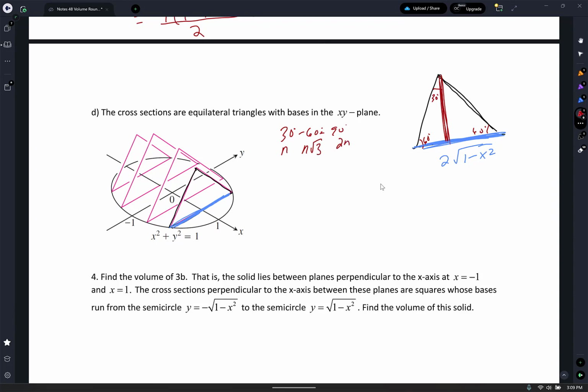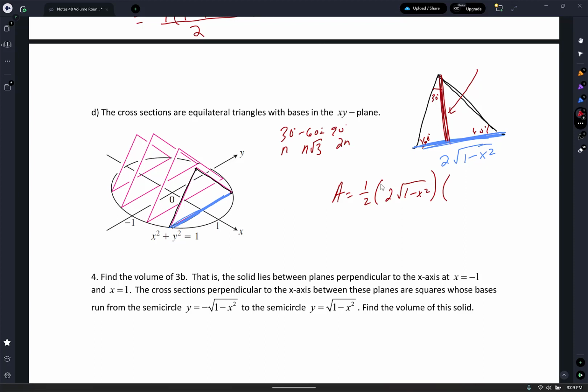I need to figure out the height of this triangle. Unless you remember, well, let's just do it like this, because I don't want to make it more complicated. So here we go. The area of this triangle is 1/2 base, which is 2 square root of 1 minus x squared, times height. So height in a 30, 60, 90 triangle, I find my short leg and I multiply it by square root of 3.